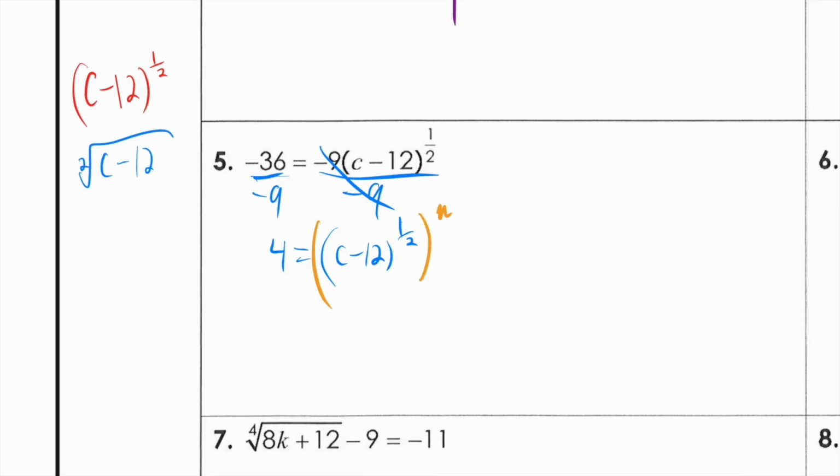So what could I multiply 1/2 by to accomplish it going back to 1? Well, any number times its reciprocal will accomplish that. So we're going to have it raised to the reciprocal, or more importantly, really, the denominator over 1. And so we're going to raise it to the power of 2 over 1.